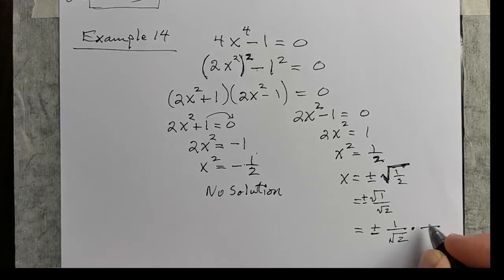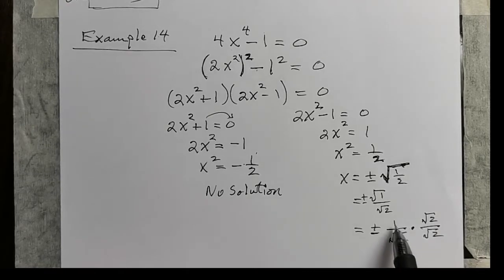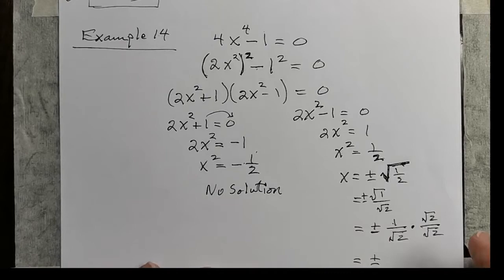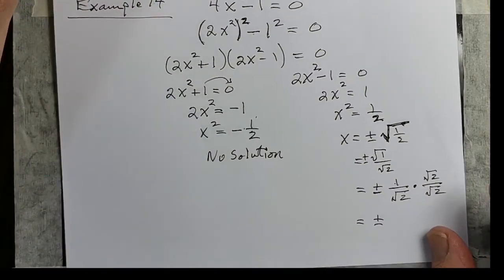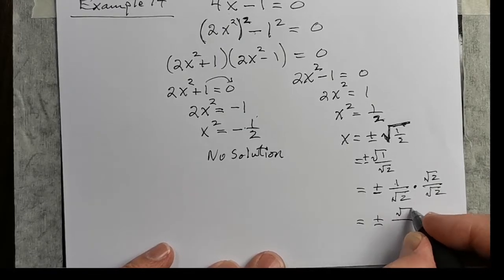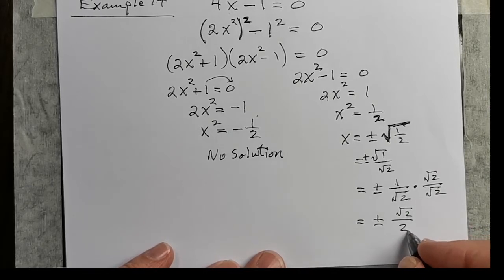If I multiply this by the number 1, written as the square root of 2 over the square root of 2, notice in the numerator, 1 times the square root of 2 is just the square root of 2. In the denominator, square root of 2 times square root of 2 is 2.